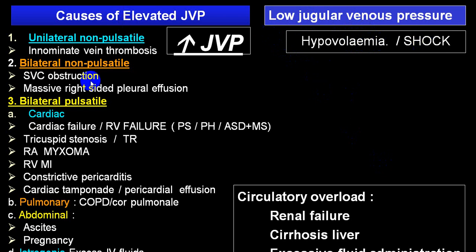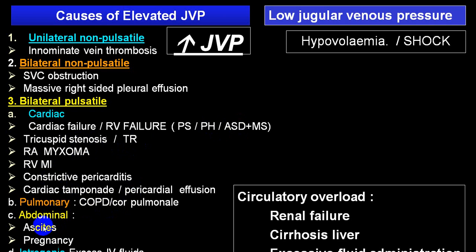So first we'll talk of a bilateral pulsatile elevated JVP: congestive heart failure, RV failure, pulmonary stenosis, pulmonary hypertension, ASD, tricuspid stenosis, tricuspid regurgitation, right atrial myxoma, RVMI, constrictive pericarditis, cardiac tamponade, pericardial effusion, cor pulmonale, COPD.